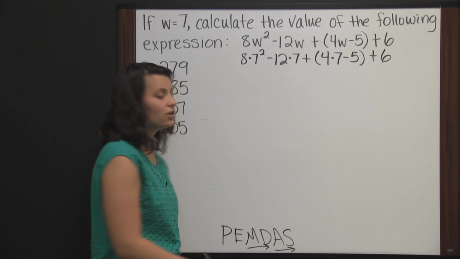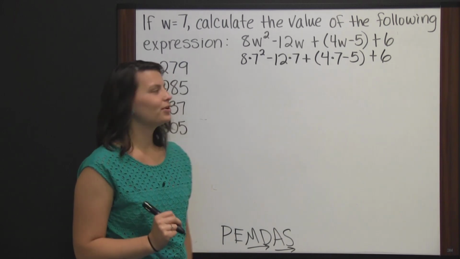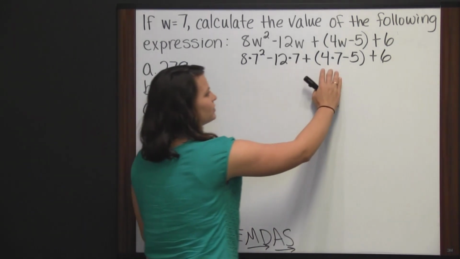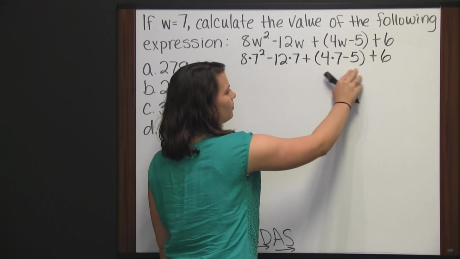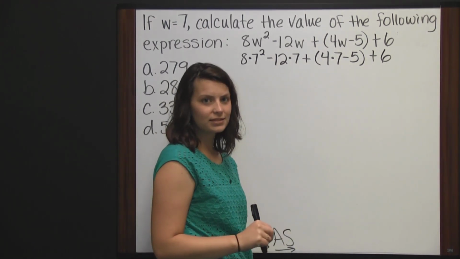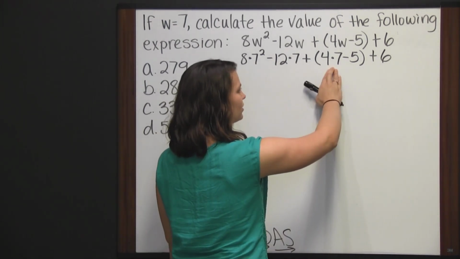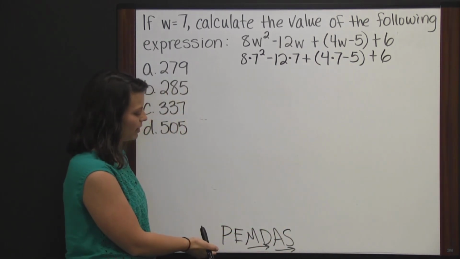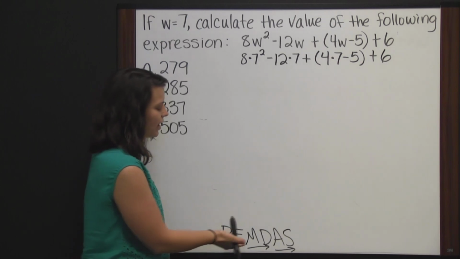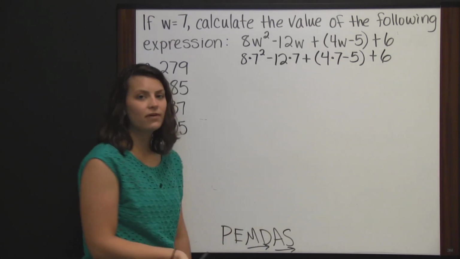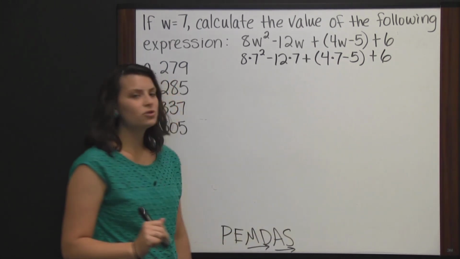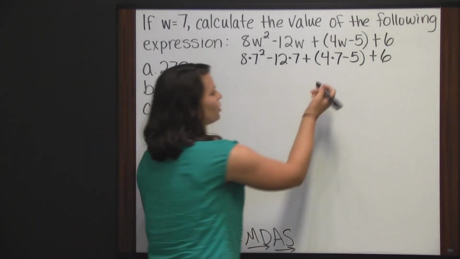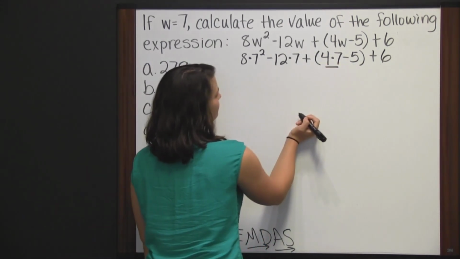So that means we need to start with anything inside parentheses. Here we have a couple of different operations inside our parentheses: multiplication and subtraction. If we consult PEMDAS, we're supposed to always multiply and divide before we add and subtract. So we're starting with 4 times 7.